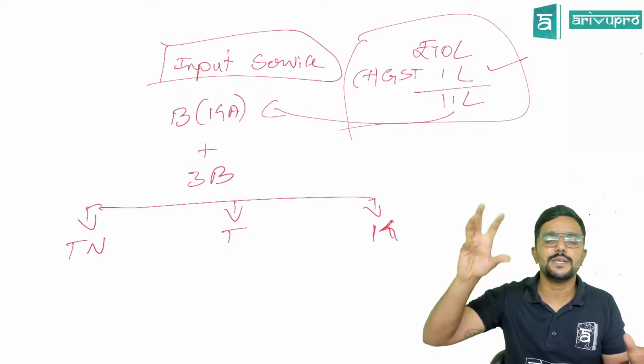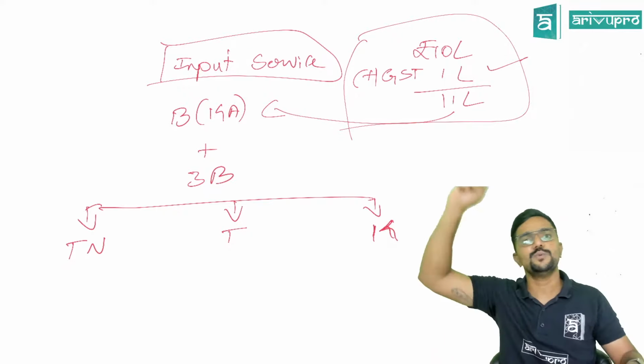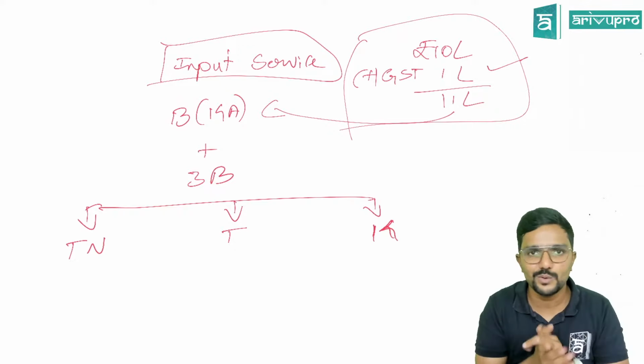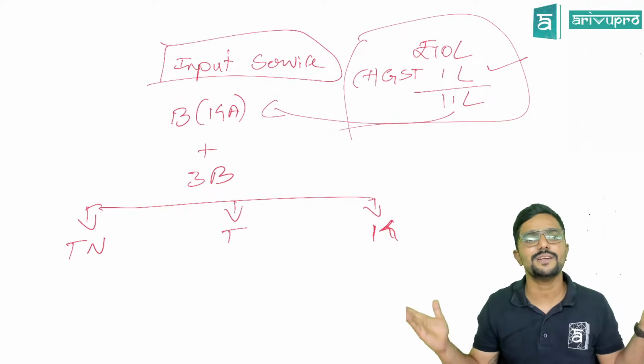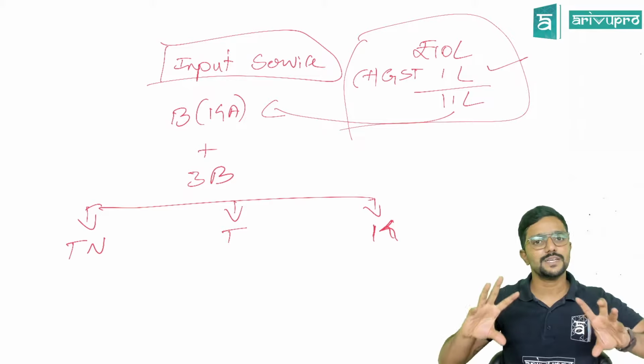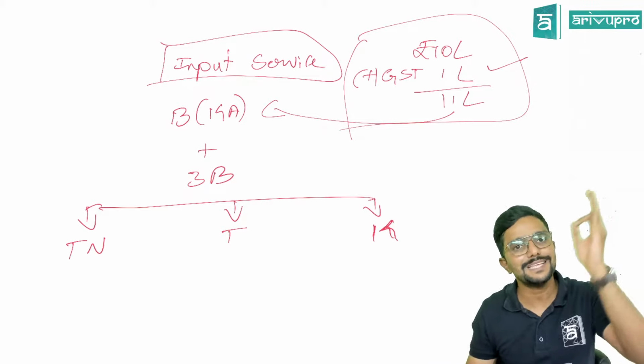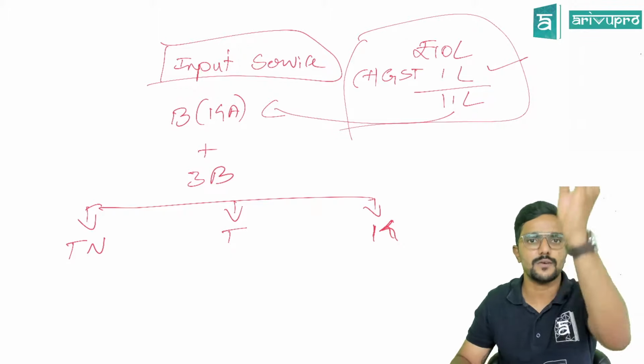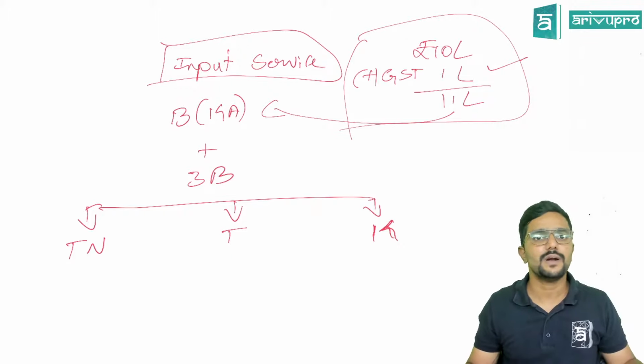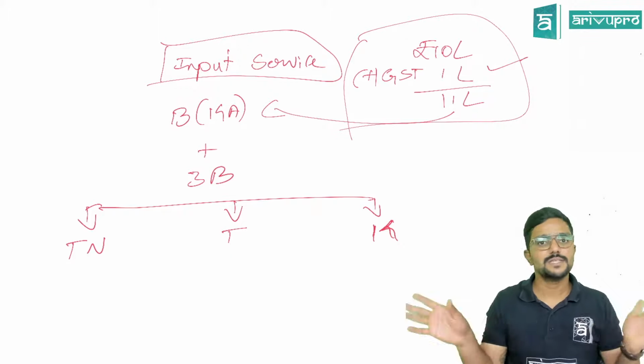You cannot adjust input tax of the Karnataka branch against the output tax of the Tamil Nadu branch, because you have taken separate registration. The credit for each registration has to be calculated separately and utilized against the output tax of the same registration. You cannot inter-adjust.